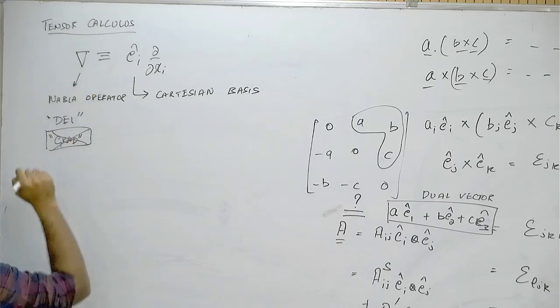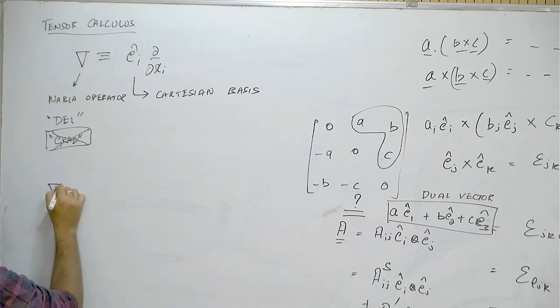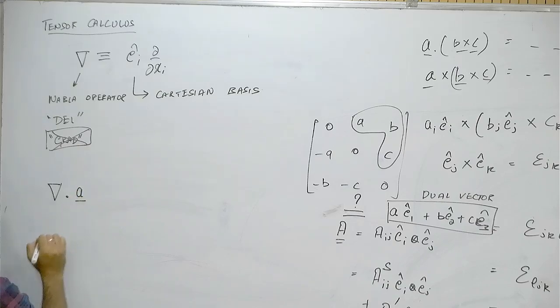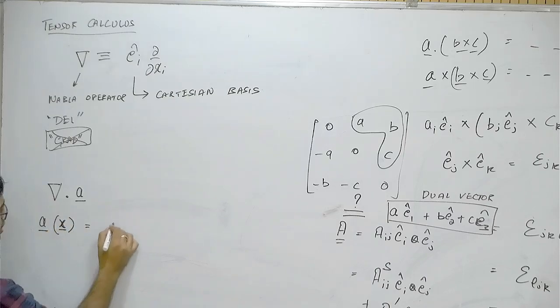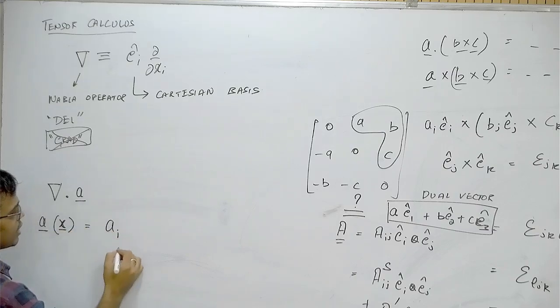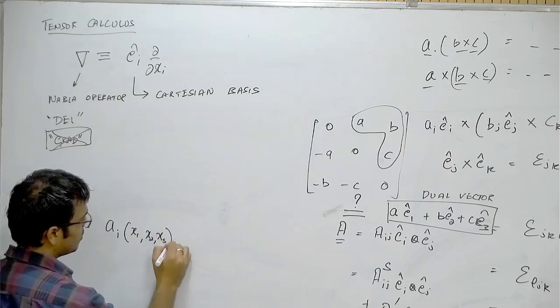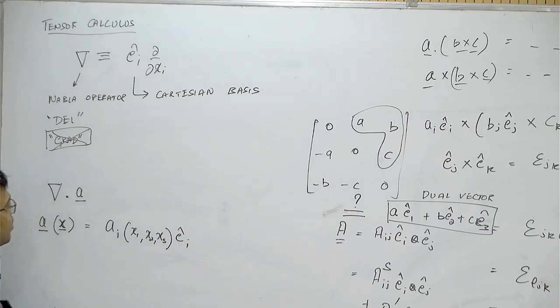Using this we define, let's say, a quantity del dot A, where this A is a field now. It's a field, that is, the components are functions of position.